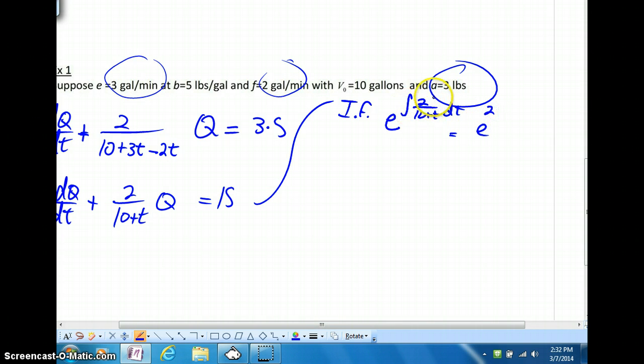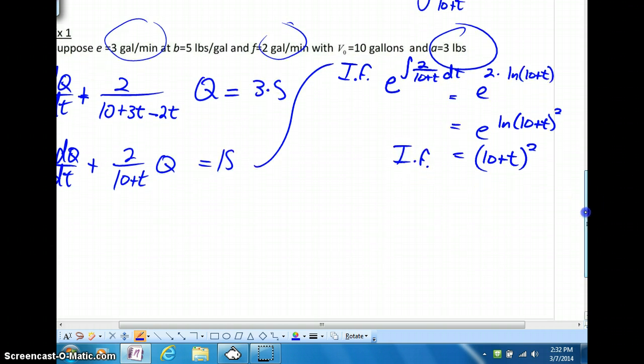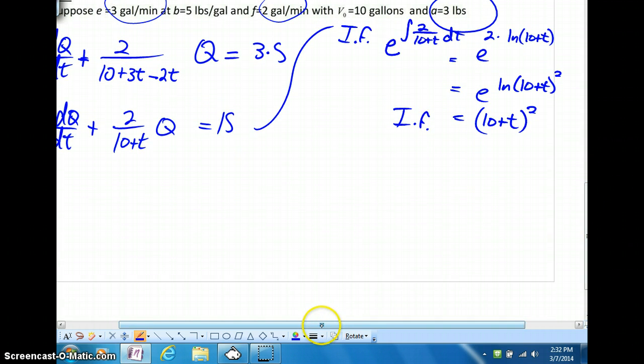What's the antiderivative of just 1 over 10 plus t? What do you think that is? ln of 10 plus t. And then kids will be like, well, wait a minute. How about I raise that up here to 10 plus t squared? And guess what our integrating factor is? 10 plus t quantity squared.